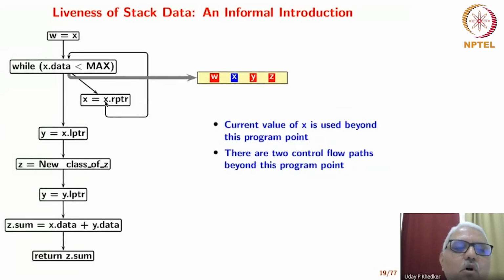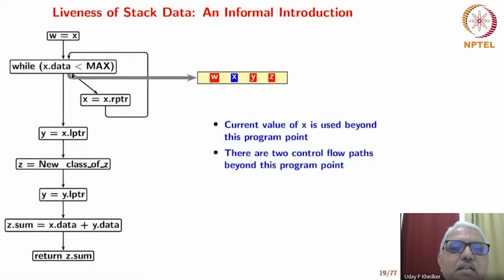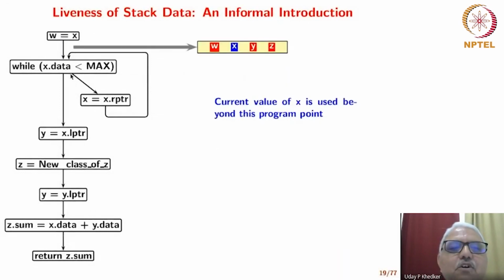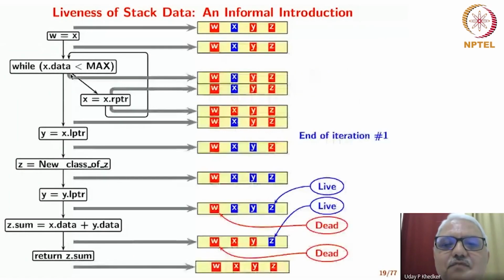Now, when we go to this program point, we find that we have the liveness of X coming in from here and from here, and therefore we say that X is live here. As we go further, X is still live.